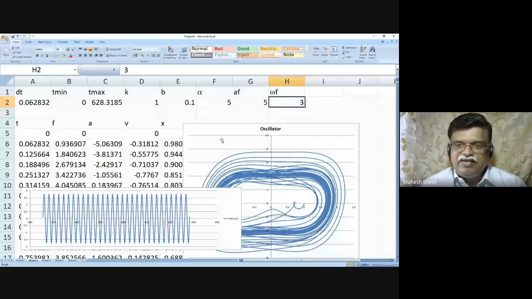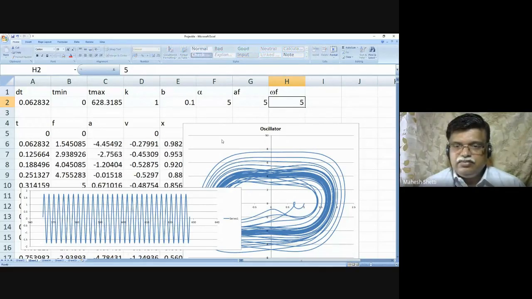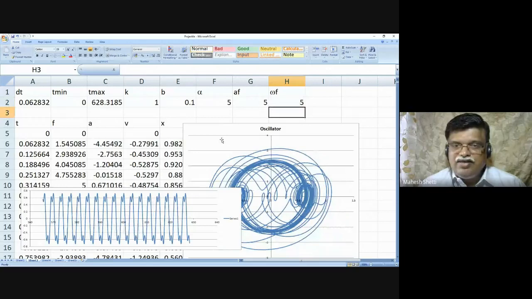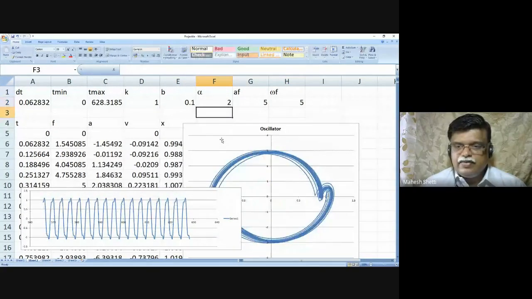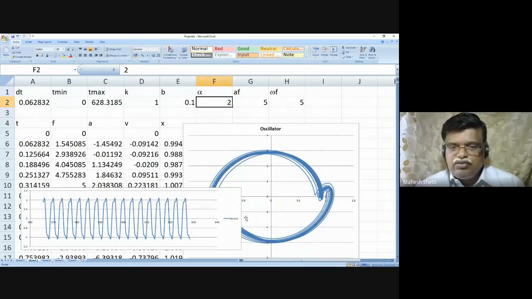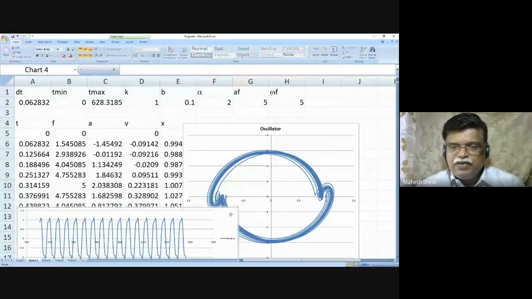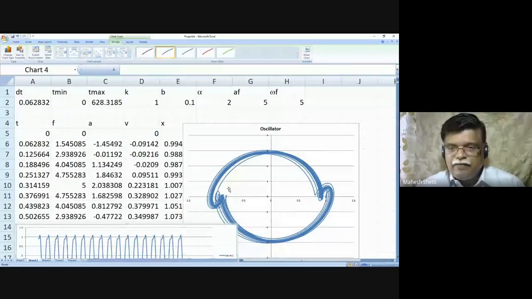external frequency, the driving frequency. Say I make it 5, and you start seeing something. Let me reduce this. What do you observe? There are two things you observe. In the phase-space curve, you observe the kinks.